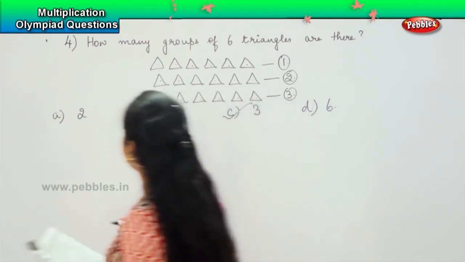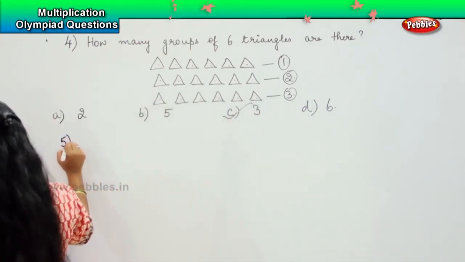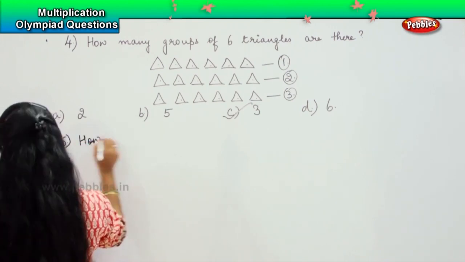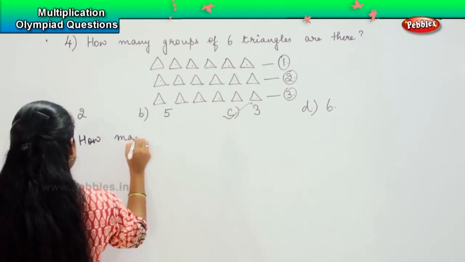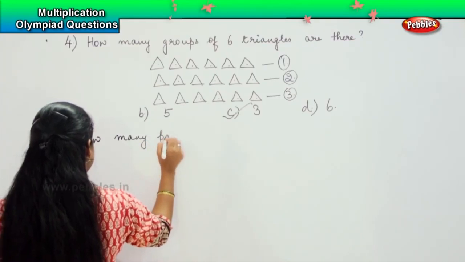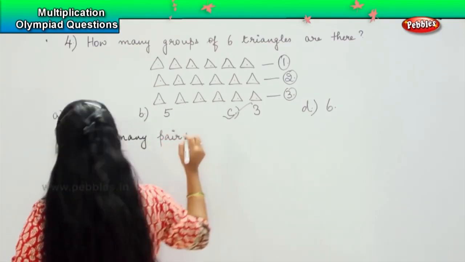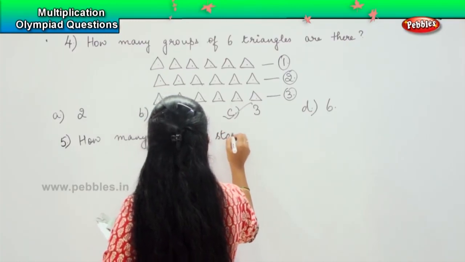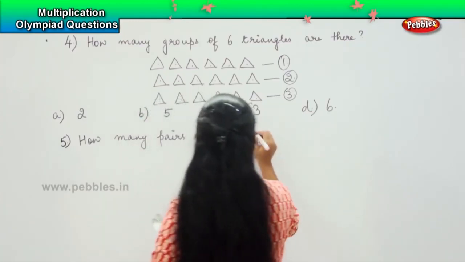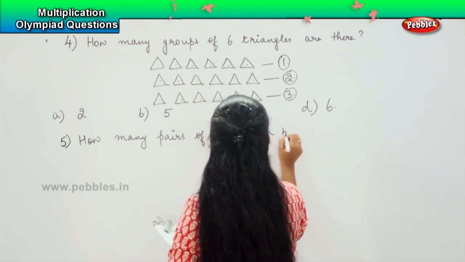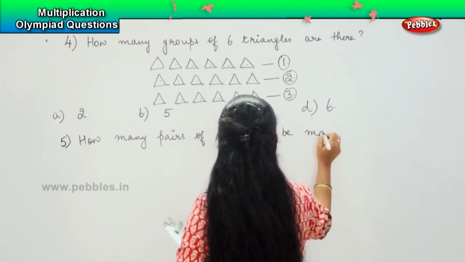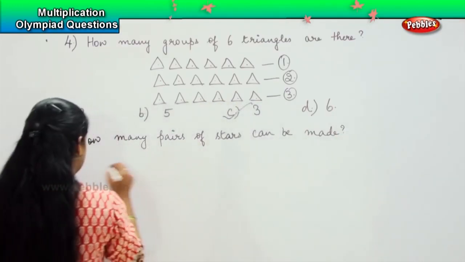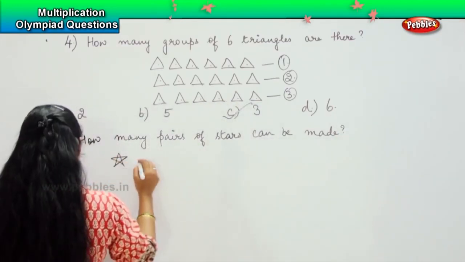Okay. So here is your next question. Your next question says, how many pairs of stars can be made? Okay, and these are the number of stars.